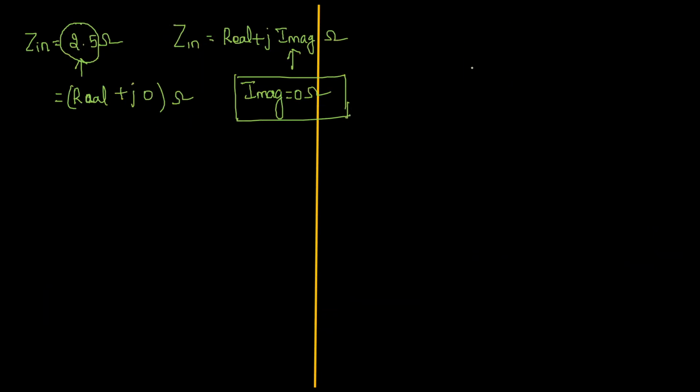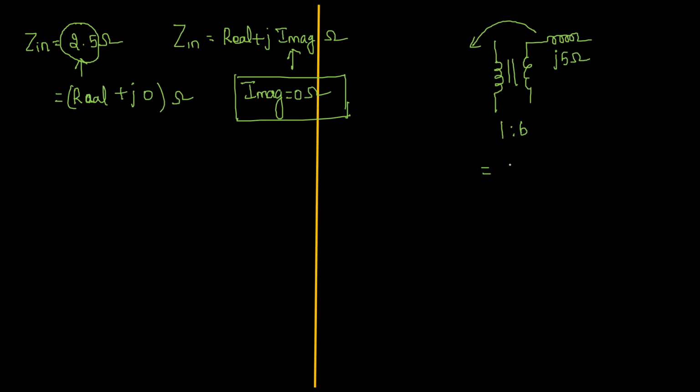The first transformer has two sides: the primary side and the secondary side. They told us primary side is 1, secondary side is B. Correct? 1 is to B. So on the secondary side I have the impedance jωL, or j5 ohm. How will you transform it to the primary side?